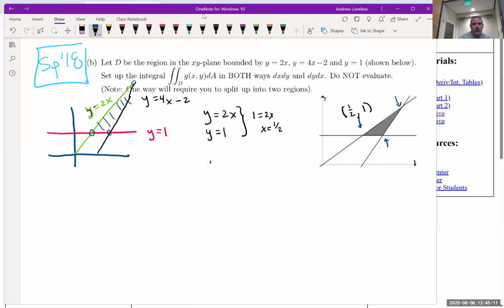What about this one? So this is 3/4, 1/2. And then one other intersection.